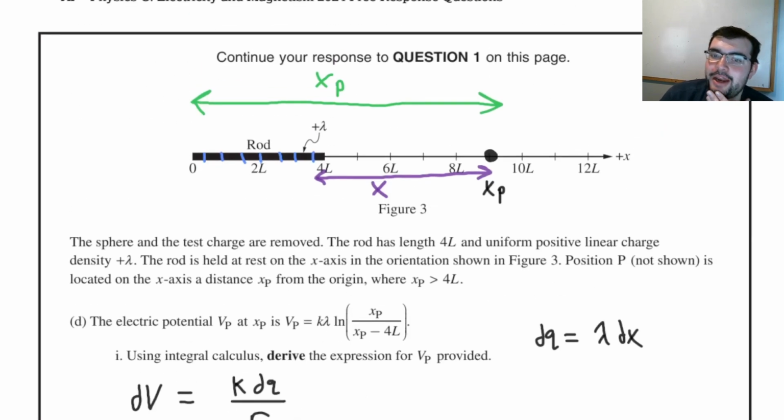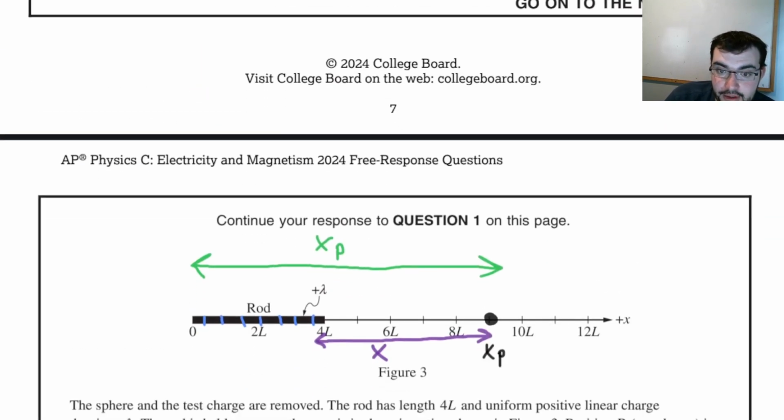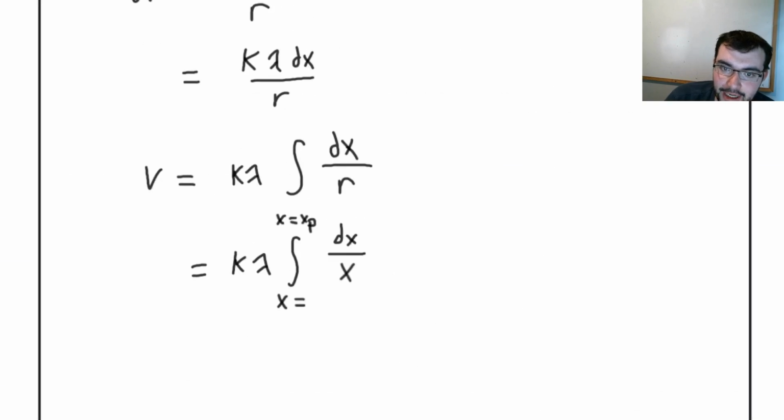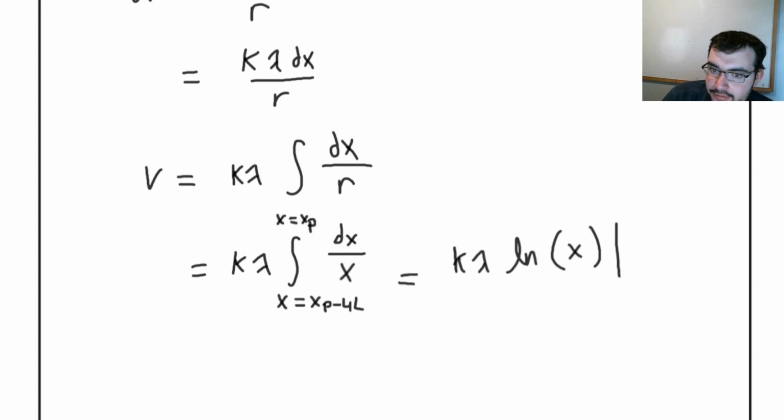What's the minimum that x is? Well, let's see. xp is the whole distance. The rod is 4L, so it's xp minus 4L. So after integrating, we get k times lambda times ln of x evaluated from xp minus 4L up to xp.